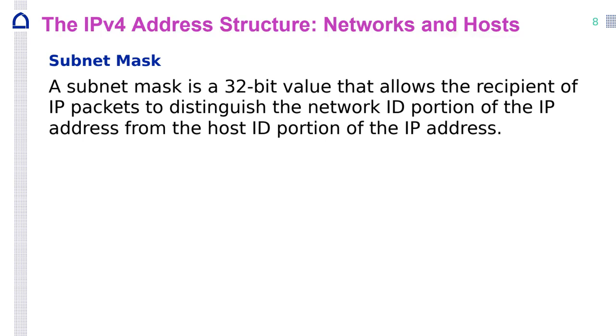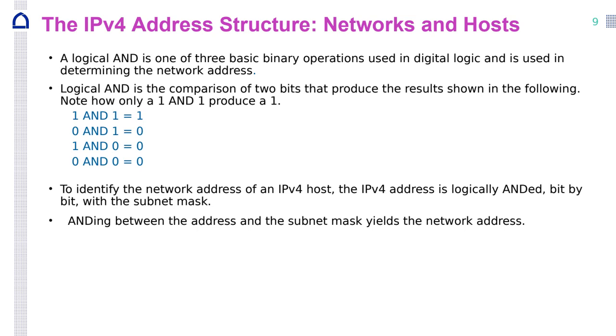How do I know which part is the network and which part is the host? By using the subnet mask. We'll give you an example here. We do a logical AND operation between the IP address and the subnet mask, and the result will be my network address. And what is logical AND? 1 and 1 is 1. 1 and 0 is 0. 0 and 1 is 0. 0 and 0 is 0.